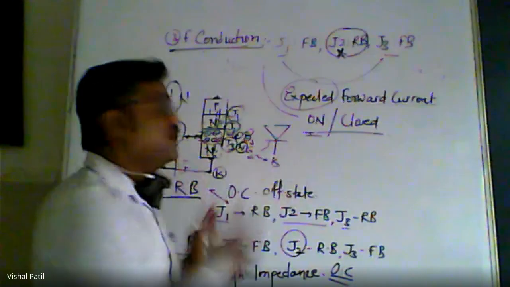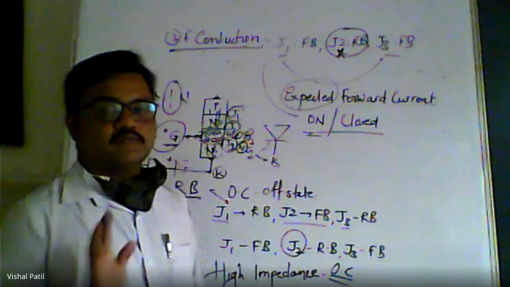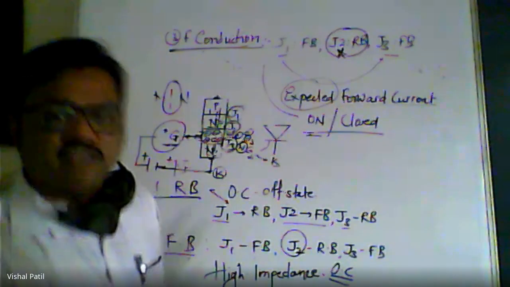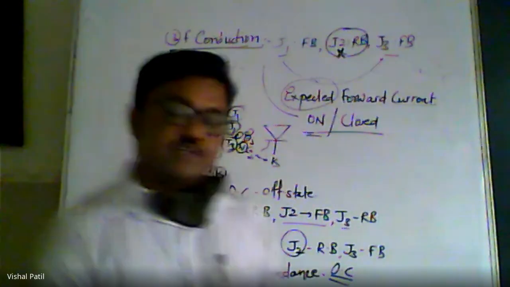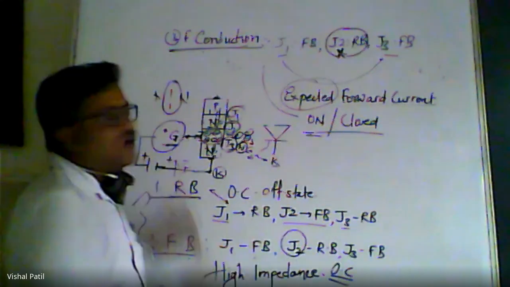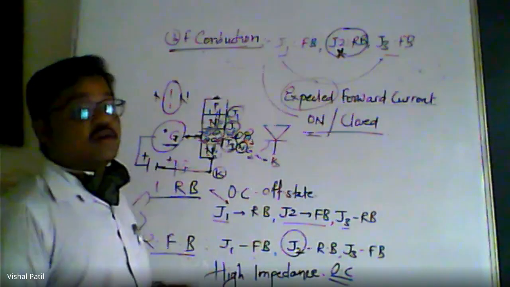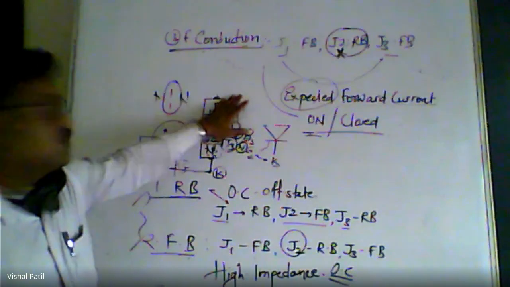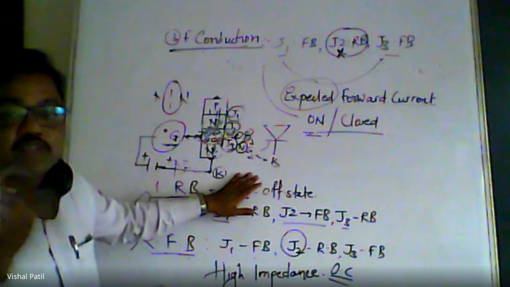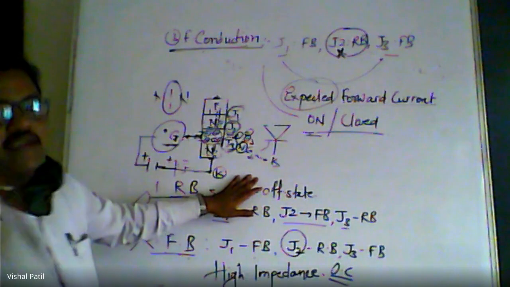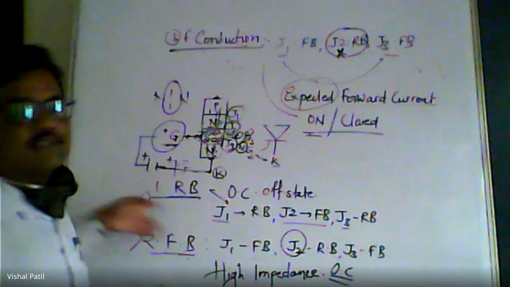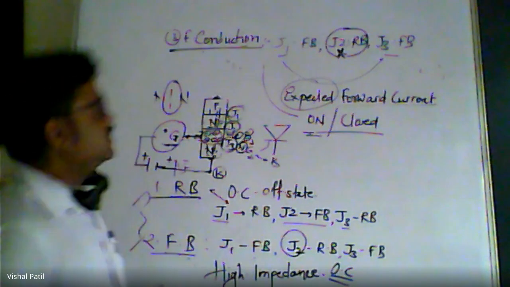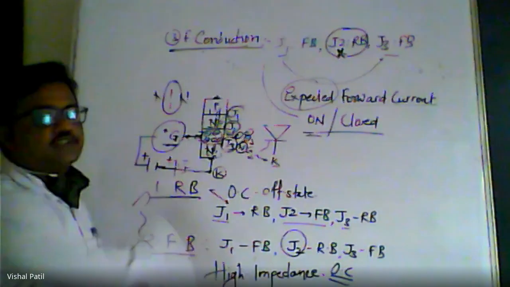These modes will help you to draw the VI characteristics of thyristor, because each mode will result in a different region in the characteristic. Every characteristic has regions, and each of these modes represents one region. Naturally, or by observation, you can say that there are three regions because there are three blocking modes. So if there are 3 modes, there will be 3 regions in the characteristic. Which ones, where they come and how they come, that we will discuss in the VI characteristics of thyristor.